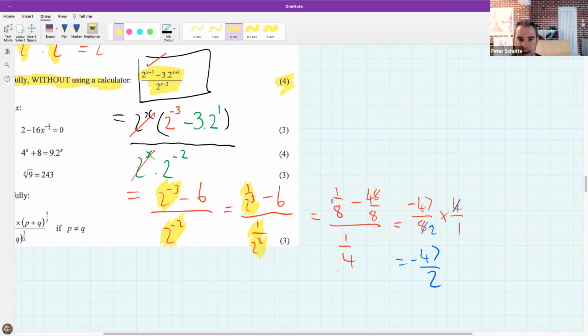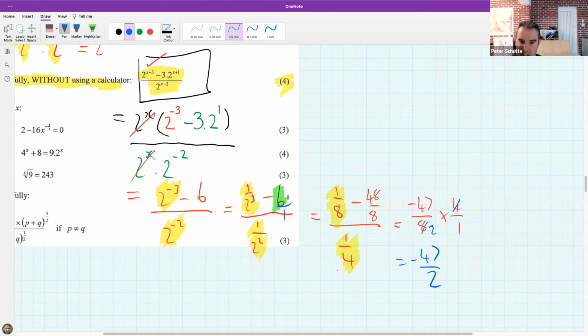Then I went back to normal numbers because that's also easier to deal with in terms of evaluating. The big problem I had was 6 was being uncooperative. So what I did was I said, well, how do I make 6 have a denominator of 8? And I can write 6 as 6 over 1.